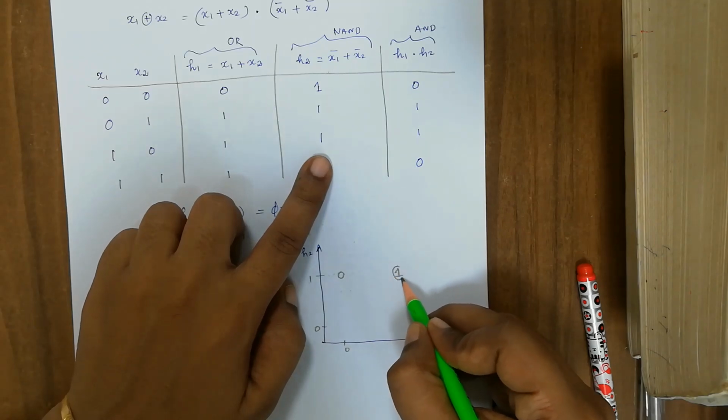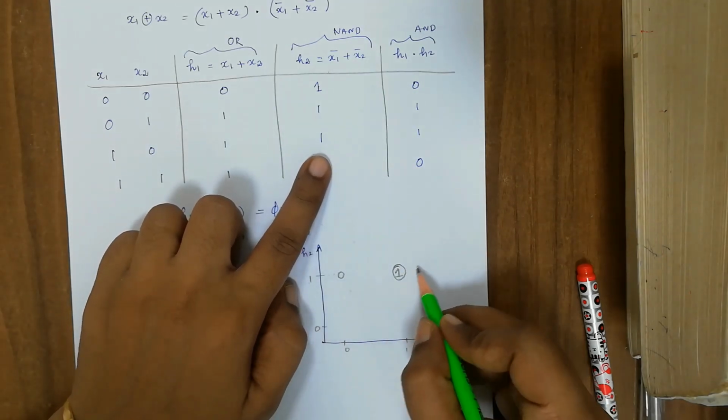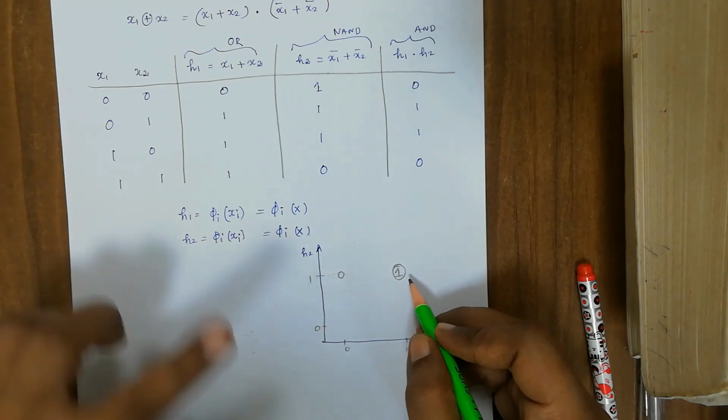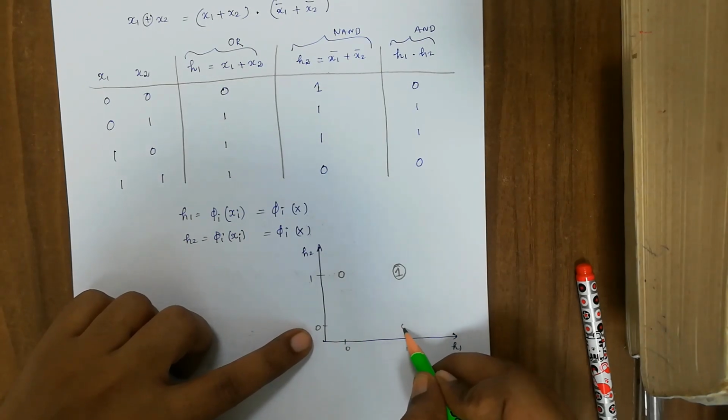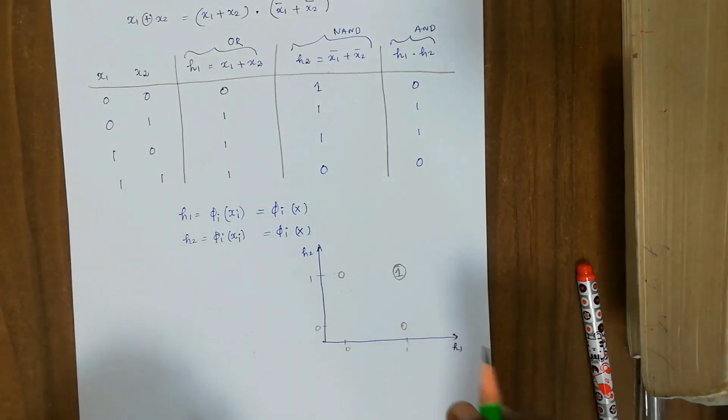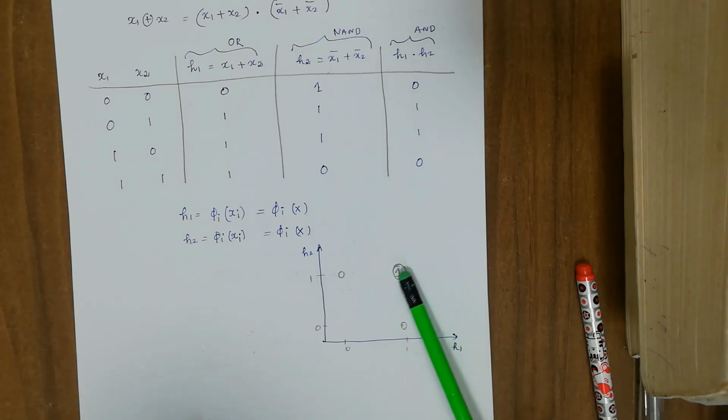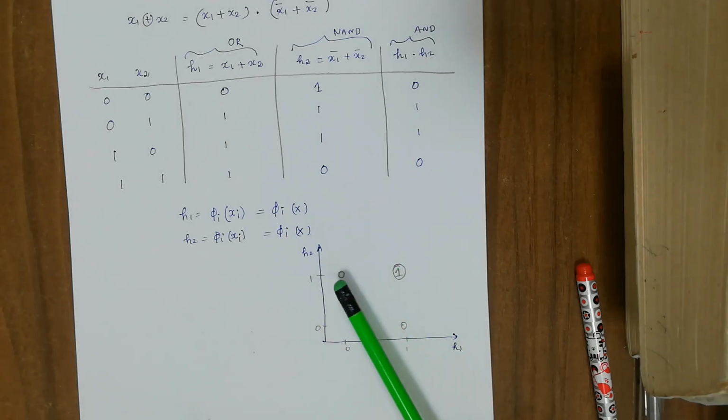So let me circle this: one more mapping into the same point, and then 1, 0 gets mapped into a point something like this. Now you see here two 1s are mapped into the same point, and then 0, 0.